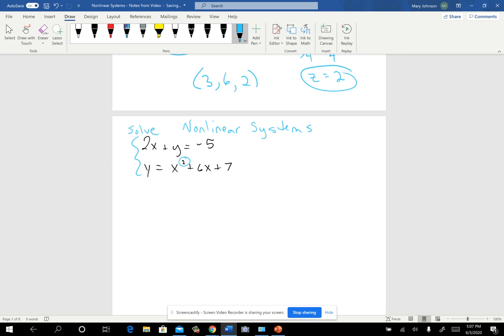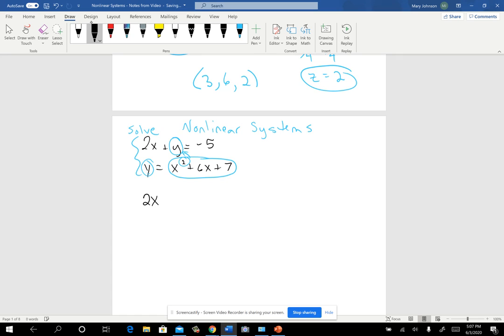Okay, one of the things we're going to do is, maybe since the second equation already has the y on a side by itself, maybe what we'll do is substitution. So we'll take this x squared plus 6x plus 7, which equals y, and we can plug it in for the y in the first equation because we're looking for ordered pairs that satisfy both.